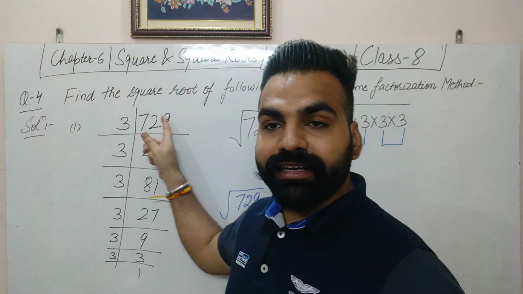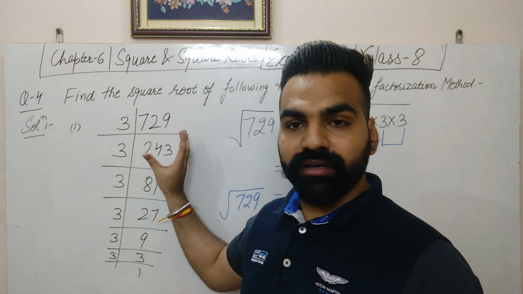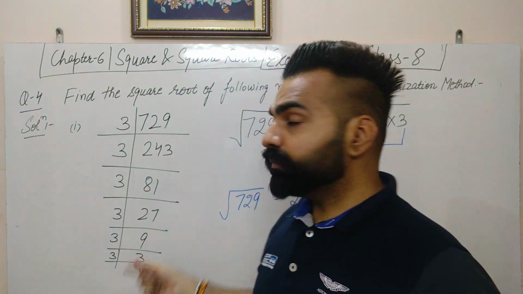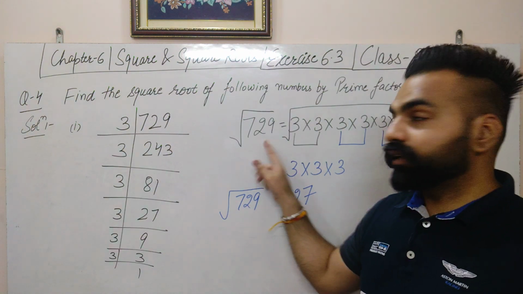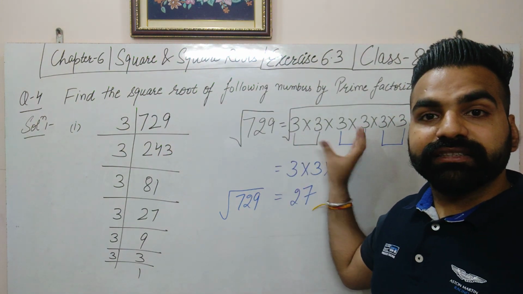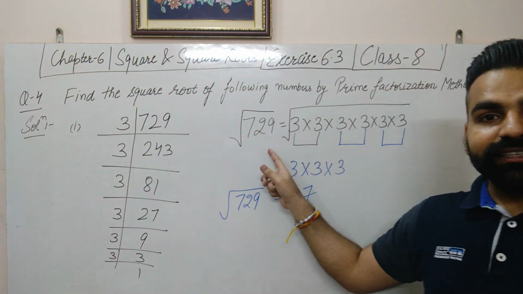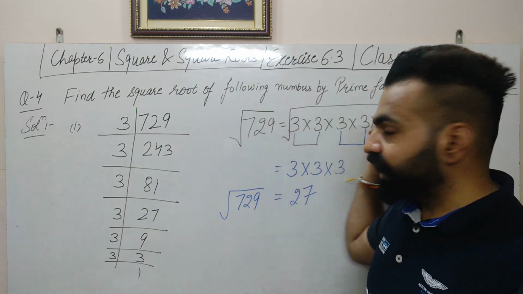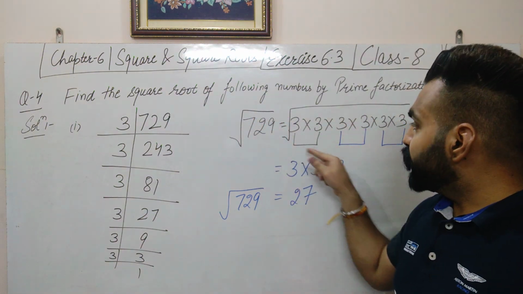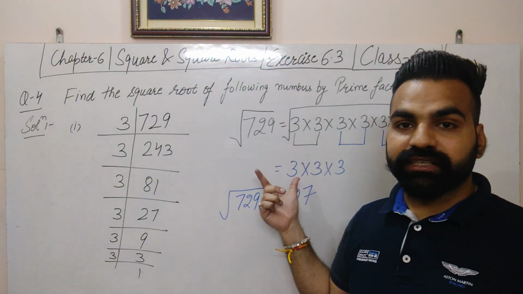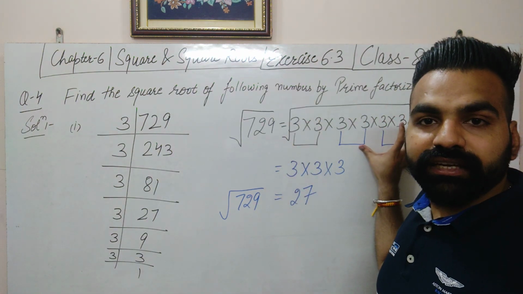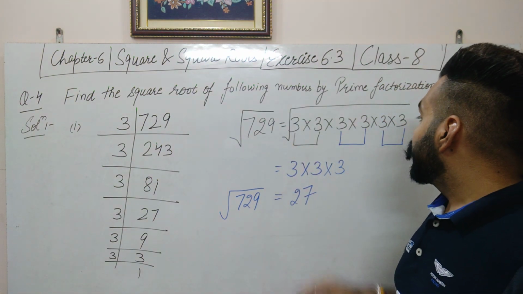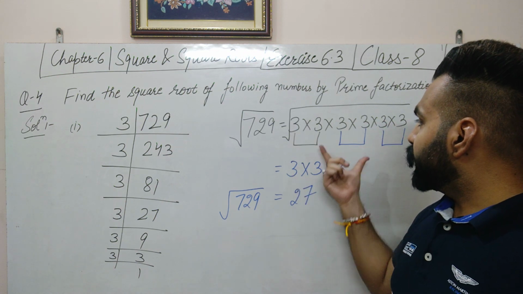The first step is to find the prime factorization of the given number. So this is the prime factorization. Then 729 can be written as the product of 3 six times. To find the square root, we will put the square root sign on both sides, and we will form pairs of the same digits. Here all the digits are 3, so there is no difficulty in finding the pairs.